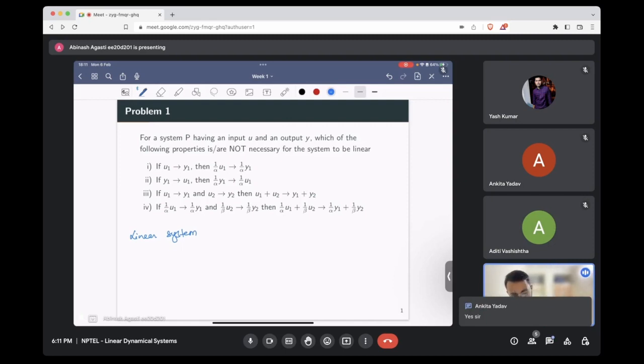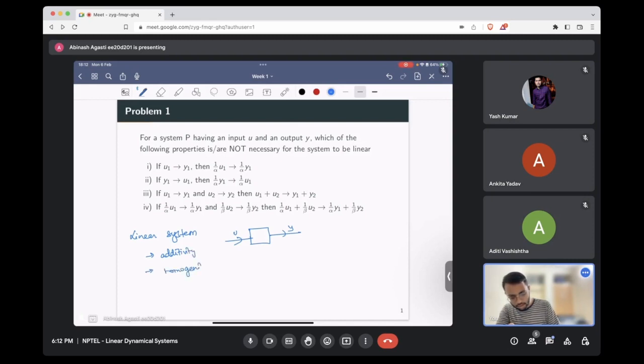So a linear system can be any system which takes in a certain input U and gives out a certain output Y. For any such general system to be linear, we need two conditions. One is additivity and homogeneity. This is essentially the principle of superposition.